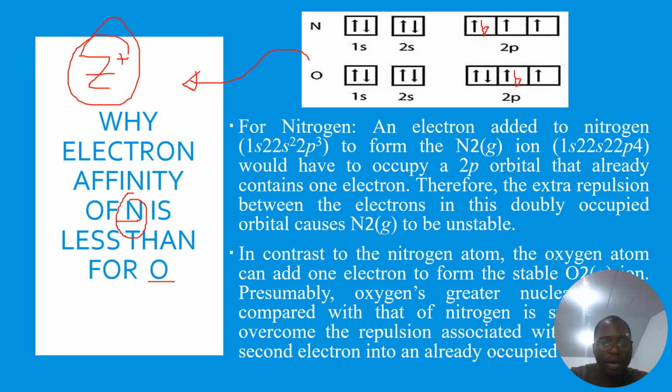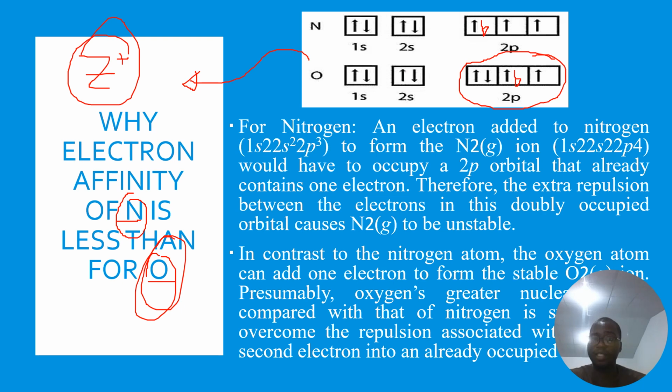When we are comparing nitrogen and oxygen, you realize that oxygen has a higher nuclear charge. Remember, as you move from left to right, the nuclear charge increases due to an increase in the number of protons. So the higher nuclear charge is able to overcome this destabilization. Therefore, the electron affinity that will be produced is slightly higher.